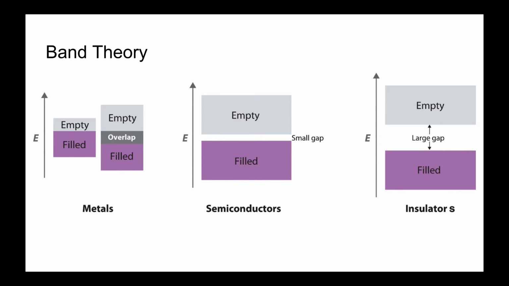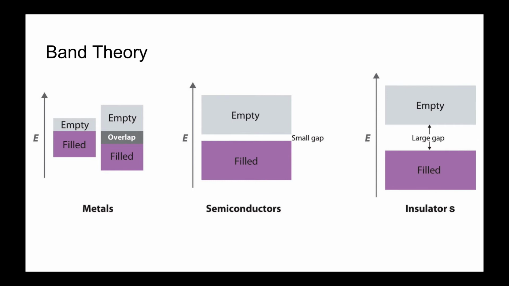Let's say we have a metal that fills up all its 4s orbitals. Then we still have the p orbitals that overlap that are empty, and that still serves as a conduction band where electrons can move up.